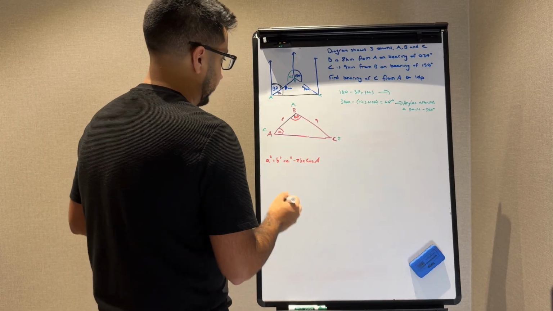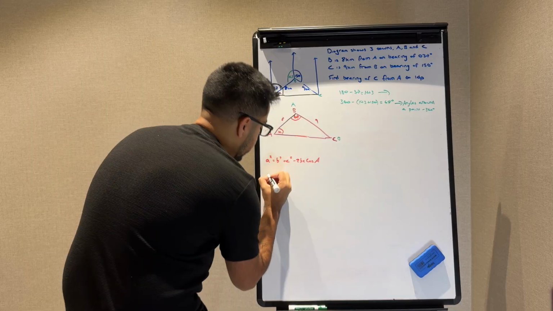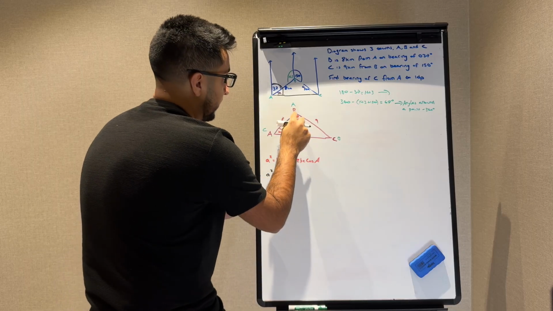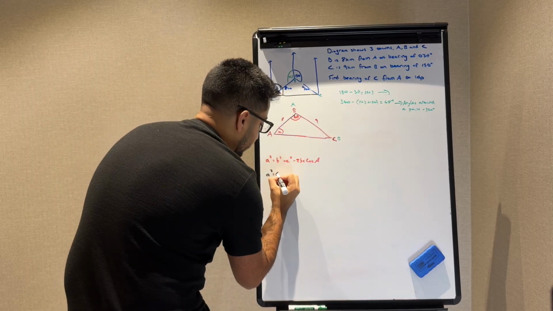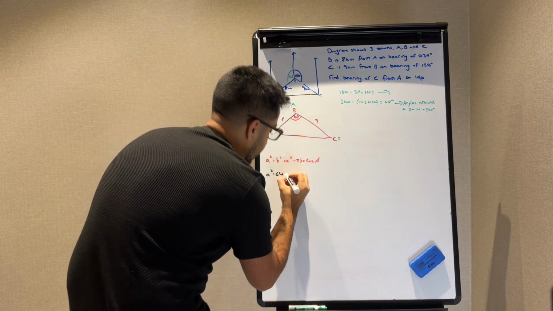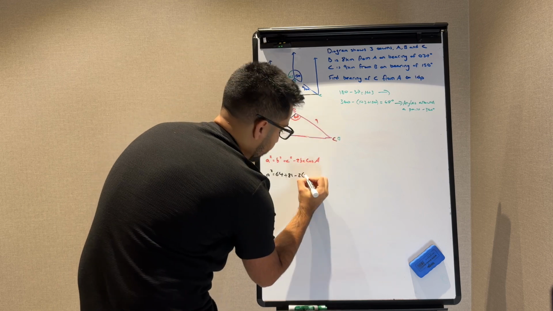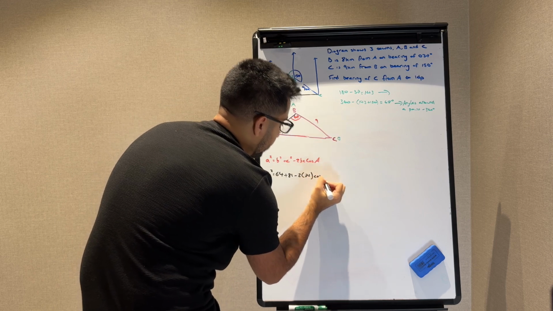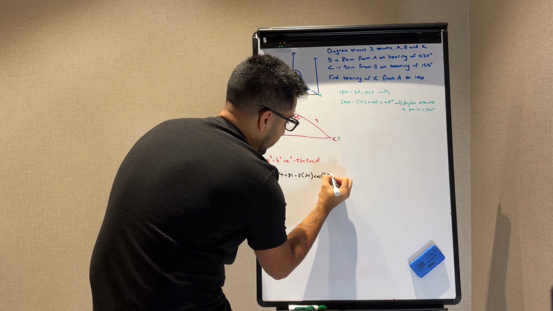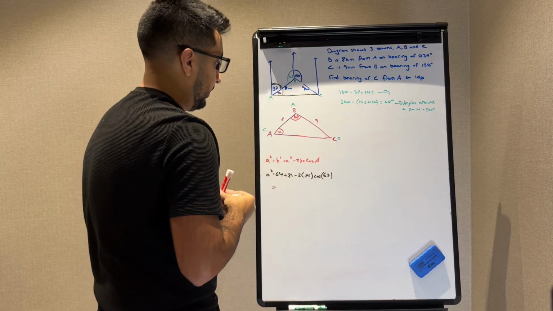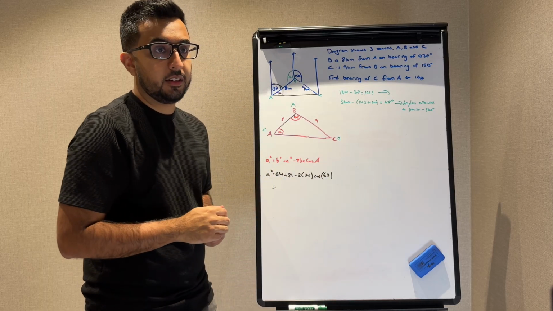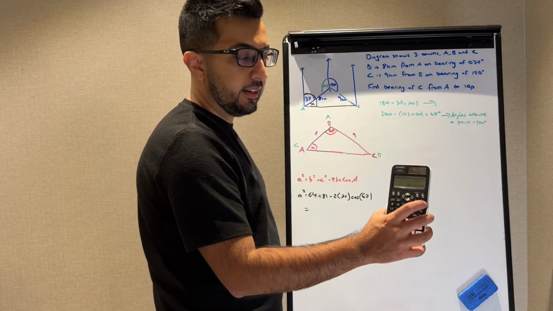So let's substitute all of that in. So we want to find a squared. We know that b squared is 64, c squared is 81, minus 2 times 8 times 9, which is just 72, cos 67. Now, I'm going to put this in my calculator and get an answer. Okay, I've put it in my calculator, here's the answer.